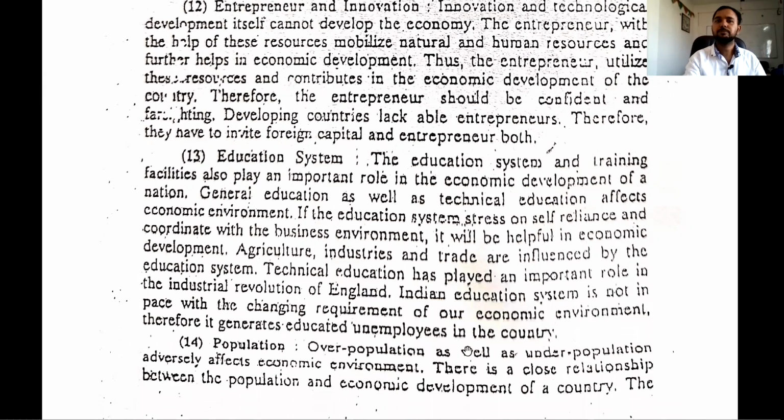The education system, how educated the people are, also affects the firm. How? Let's read. The education system and training facilities also play an important role in the economic development of the nation. General education as well as technical education affects the economic environment. If the education system stresses self-reliance and coordinates with the economic environment, it will be helpful in economic development.